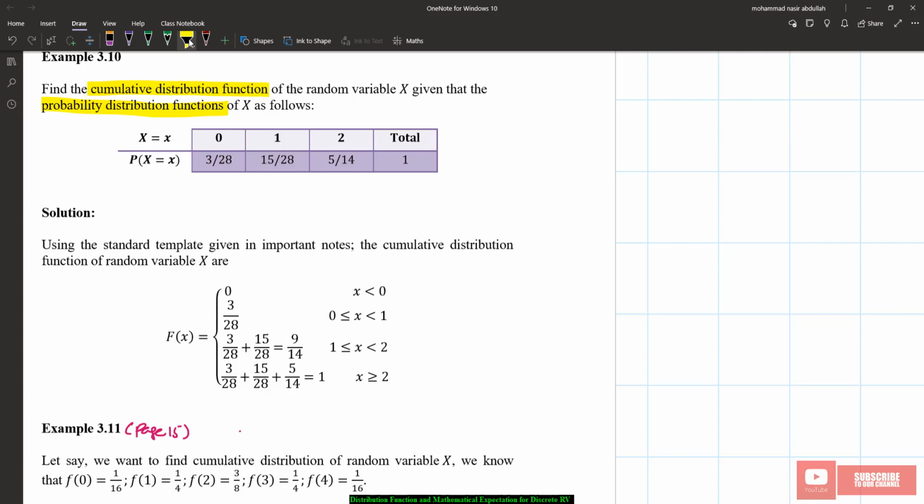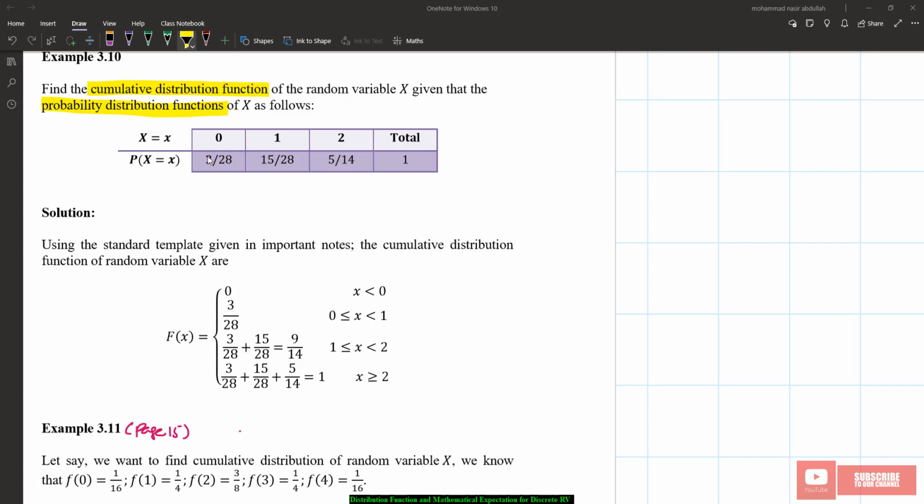You must know how to differentiate the probability distribution function and the cumulative distribution function. It's the same concept as the frequency table: we have frequency value and cumulative frequency. The frequency value is the same as probability distribution function, and cumulative frequency is the same as cumulative distribution function.